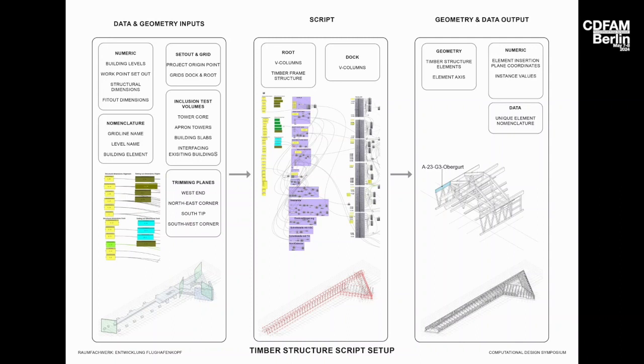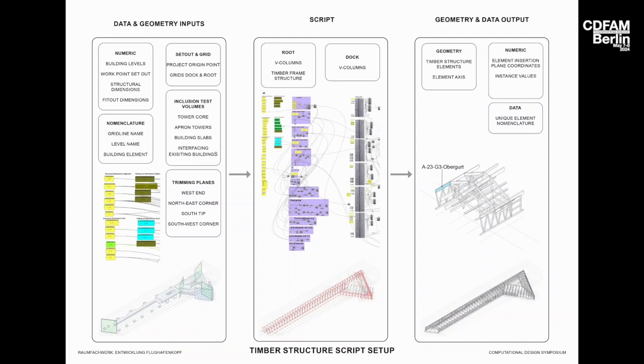But for modeling this timber structure, we have quite a few hard criteria and numbers and data we put in order to control the geometry, such as building levels or dimensions of the fit out, dimensions of the structural beams. These are some numeric data inputs, but also for the unique ID of each object, we actually put in some text elements which will be concatenated to a unique name.